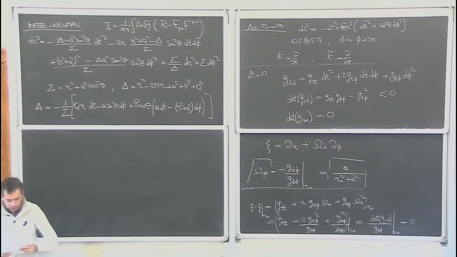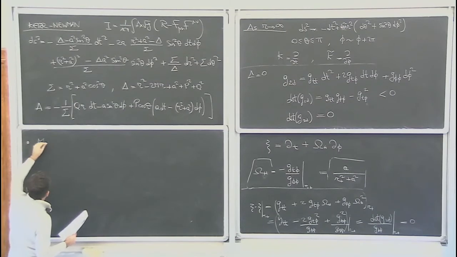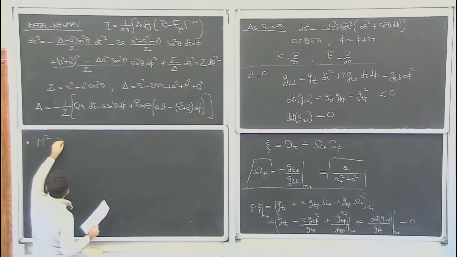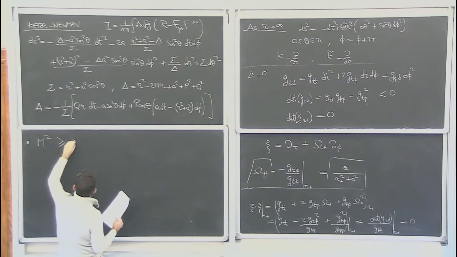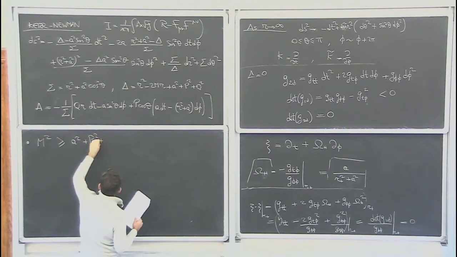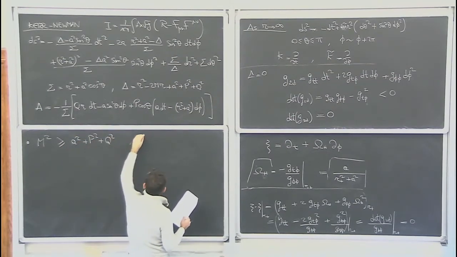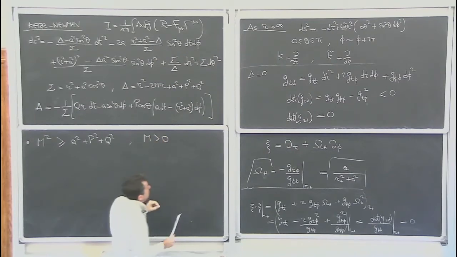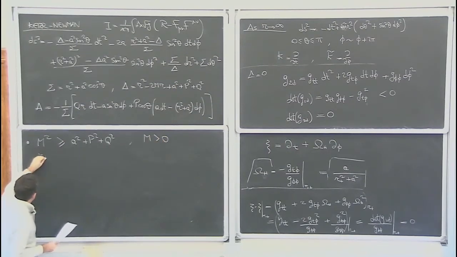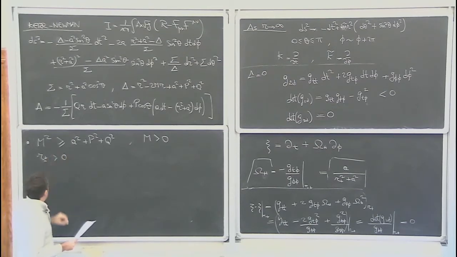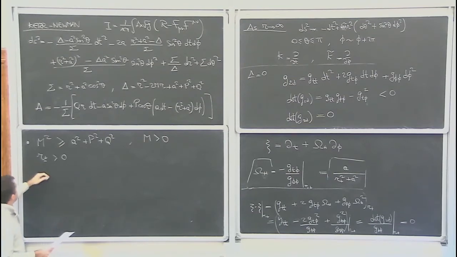Okay, so far good. Related to what I just said, for now we will always assume that m squared is larger or equal than a squared plus b squared plus q squared, and that m is larger than 0. This guarantees that r_+ and r_- are real and positive. So they appear before the singularity, which was at Σ equals 0.